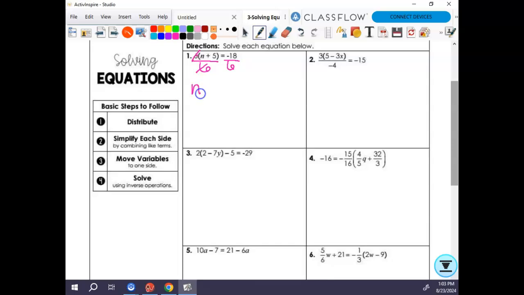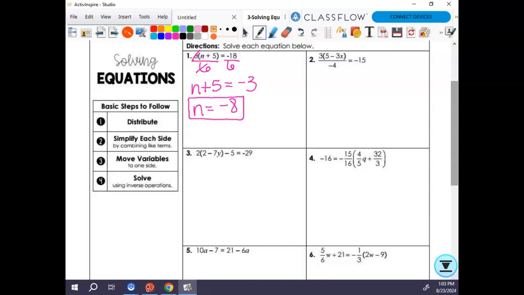That leaves me with n plus 5 equals what? 18 divided by 6. 3, negative 3. Good. And the numbers wouldn't have been that terrible had I not divided, but it makes them even nicer. Now, what do I do with that 5? Subtract it. And negative 3 minus 5 is negative 8. And that's our answer. Okay?